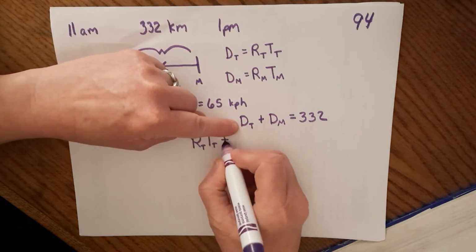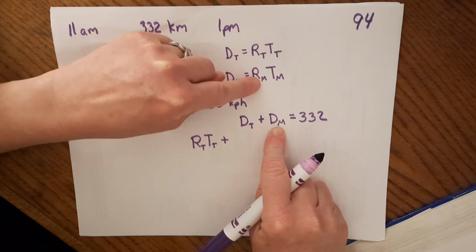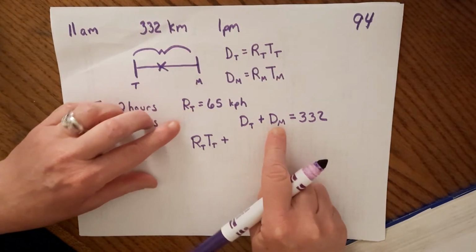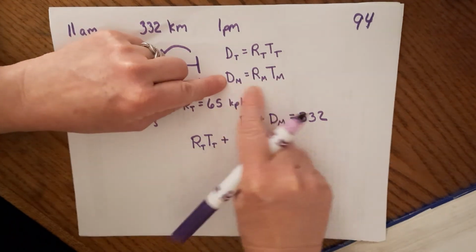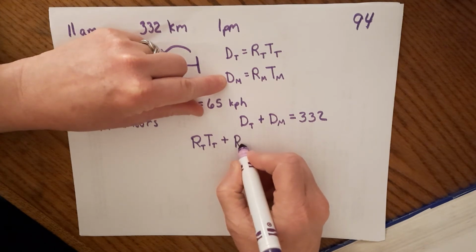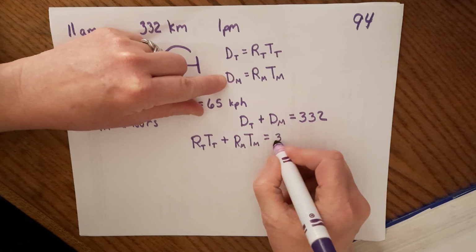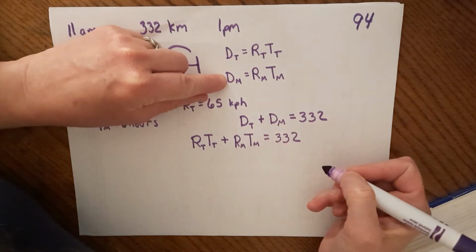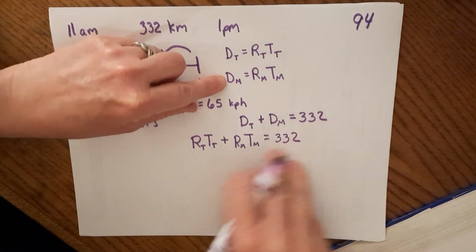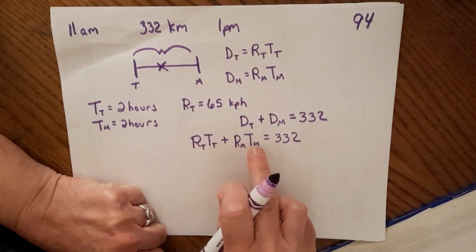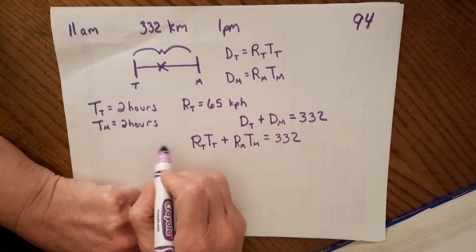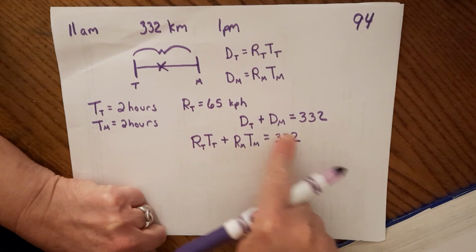And now we're going to substitute the rate of the Mackinac train and the time of the Mackinac train for this distance, because the distance of the Mackinac train equals RM times TM. And we're going to leave it at 332. Now, just as the same thing with the last problem, right now we have 4 different variables. If you recall, we have to only have one variable in order to solve this problem.